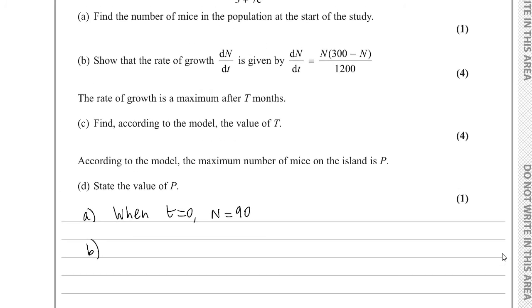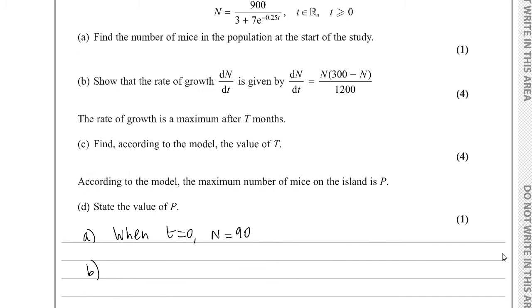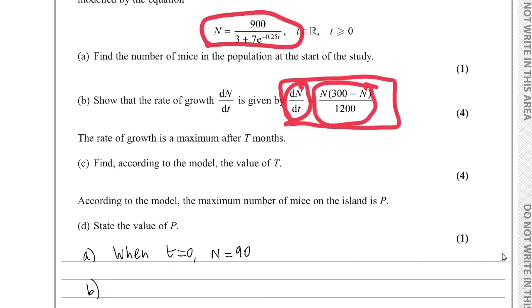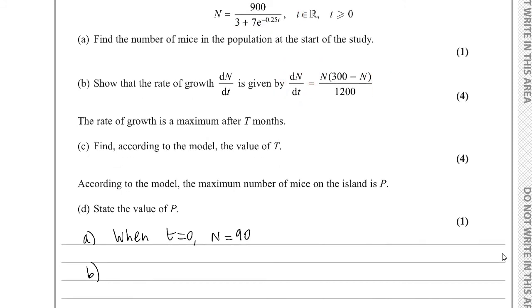For part B, we need to show that the rate of growth dN/dt is given by this expression here. I notice that they want dN/dt not in terms of t, but in terms of capital N. So rather than starting differentiation straight away, I will first start off by cross multiplying. So what I will actually do is say that 3N plus 7N e to the minus 0.25t is equal to 900.